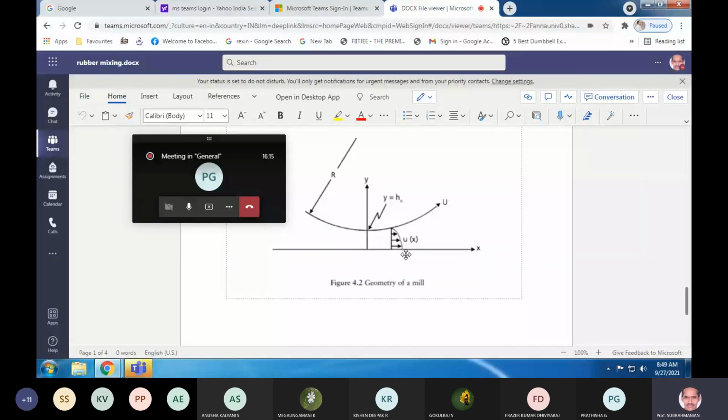Okay, chemical peptizers. And the quantity of chemical peptizers is about 0.1 to 0.2 phr.